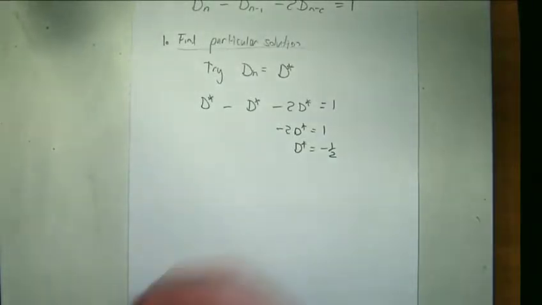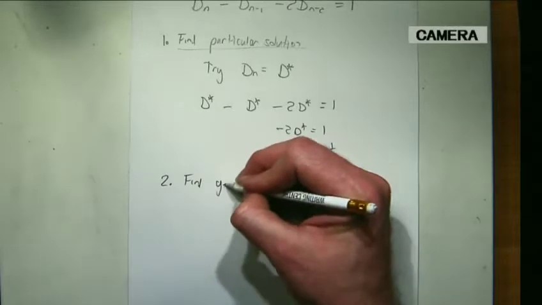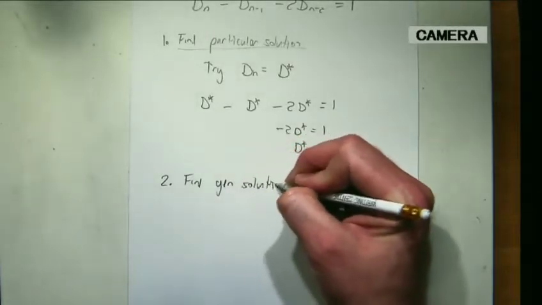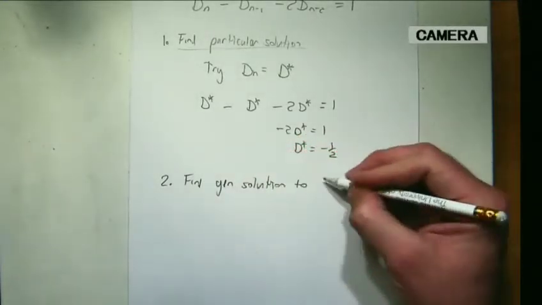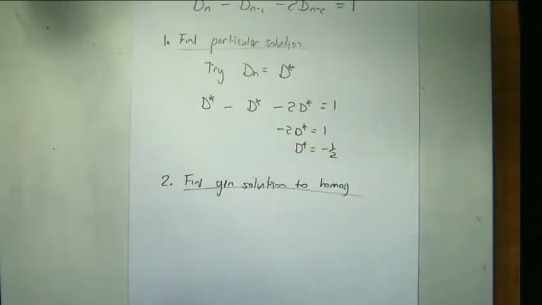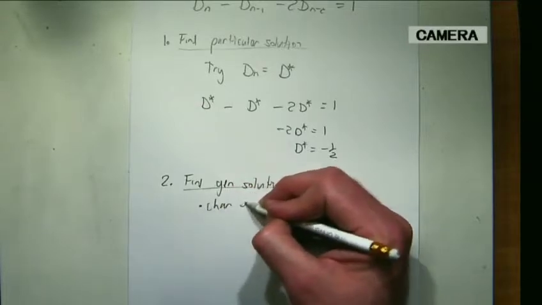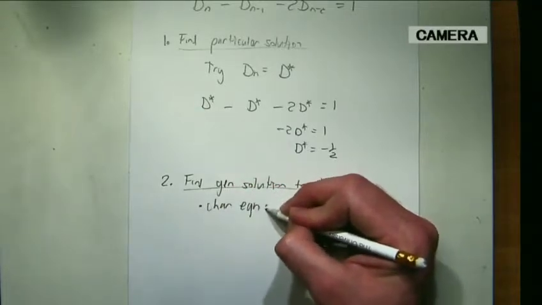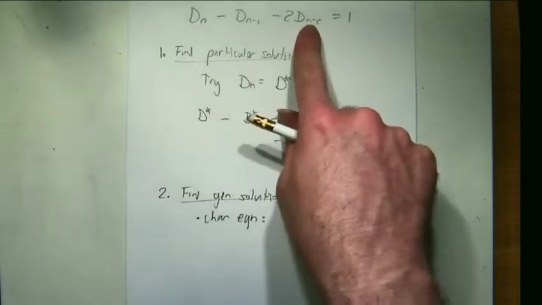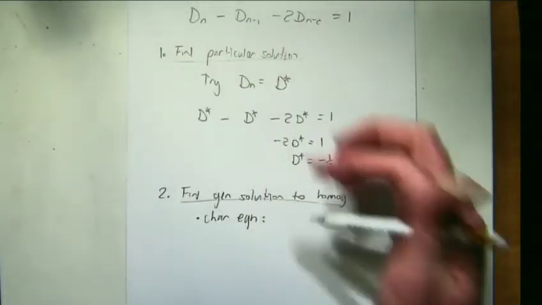So I've found my particular solution. Now find the general solution to the homogeneous one. And that had the steps that I should make the characteristic equation. Now the earliest one is a constant, the latest one is the x squared.